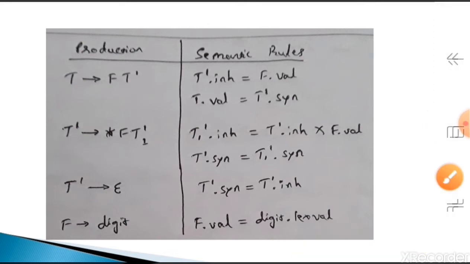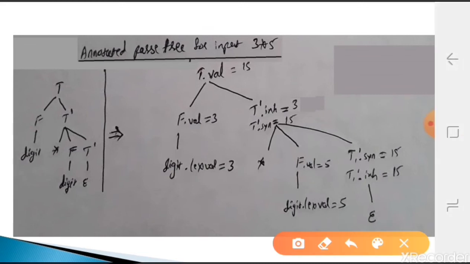Here we have T producing F T', then T' producing * F T1', then F producing digit here also, then T' producing epsilon. We'll use this. So this is our parse tree.